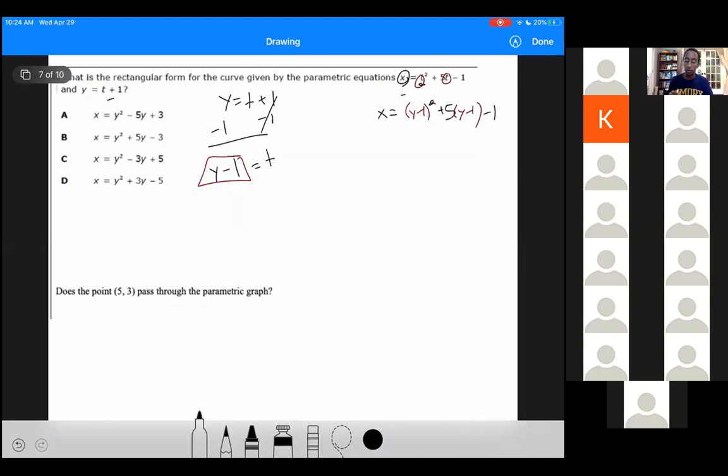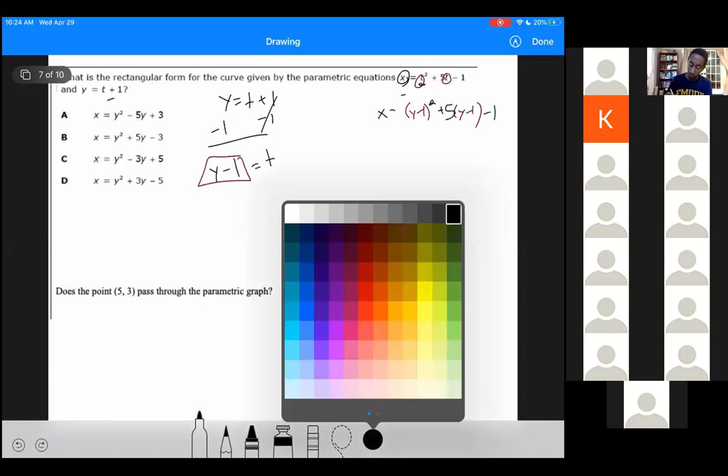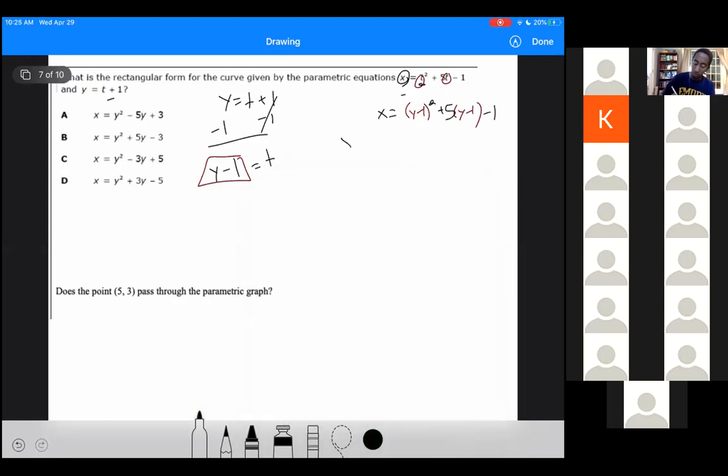Because when you simplify all of this, you're gonna end up with one of these answer choices. So we're gonna have x equals, I'm gonna square this. So write it out twice. I'm gonna distribute this by y minus 5, bring that down.